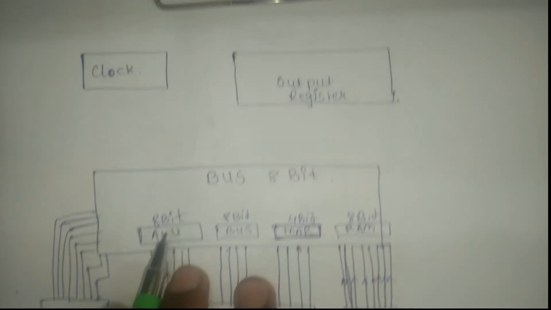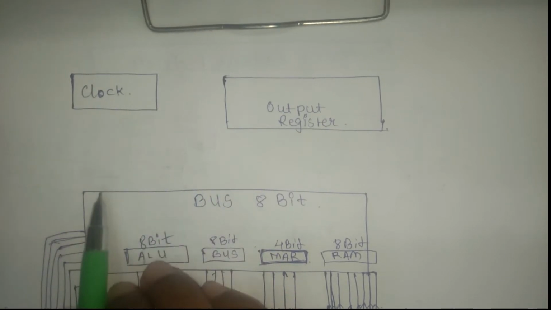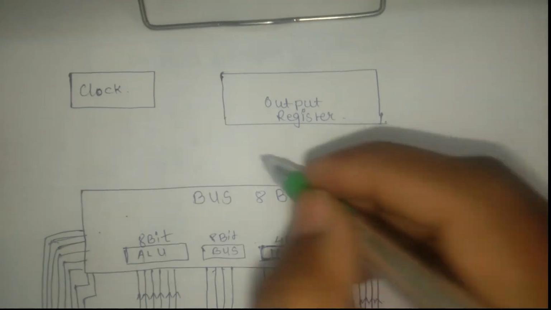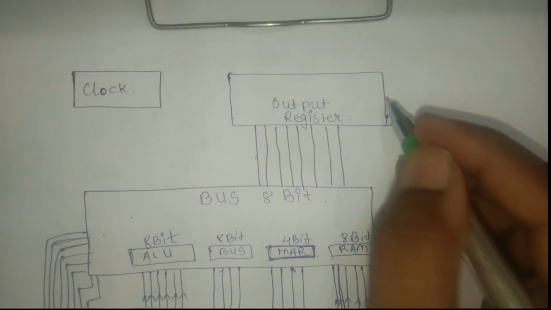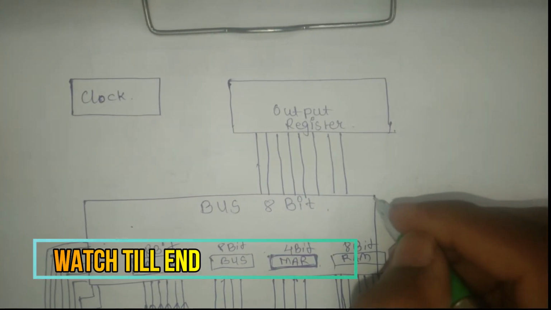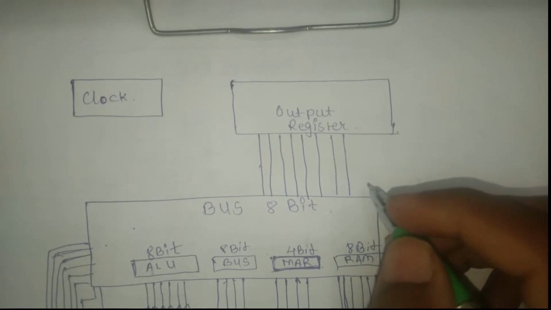Now the remaining thing is the clock module. The clock module will provide the clock signal here, and this will be our output. The output register will also be connected here. After connecting the output register, there are some problems we will face when designing this.